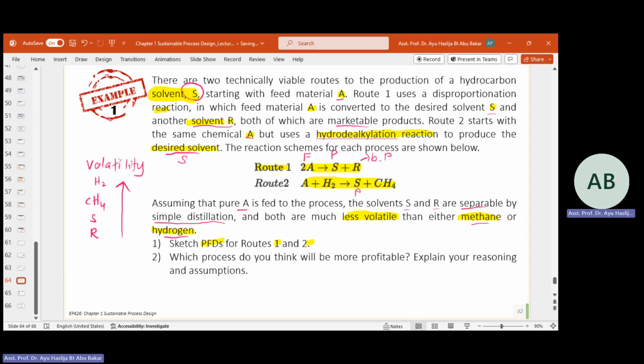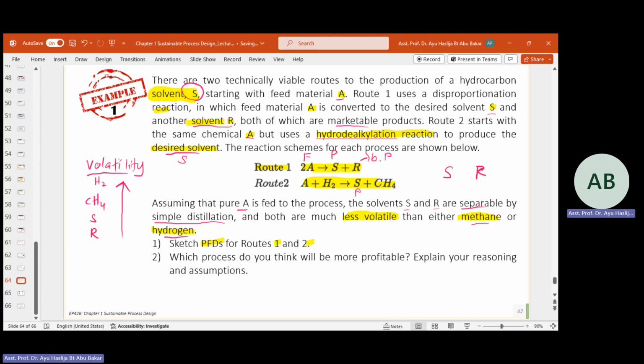That's it, right? So from that statement, what info can you extract? S and R are separable by simple distillation. So for S and R, the delta T is quite high. The difference in boiling point is high.